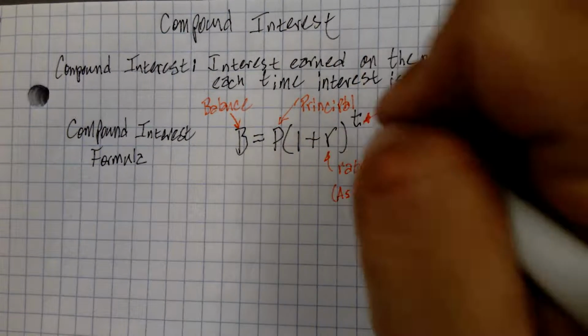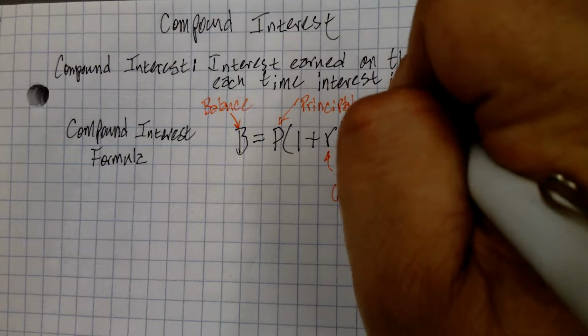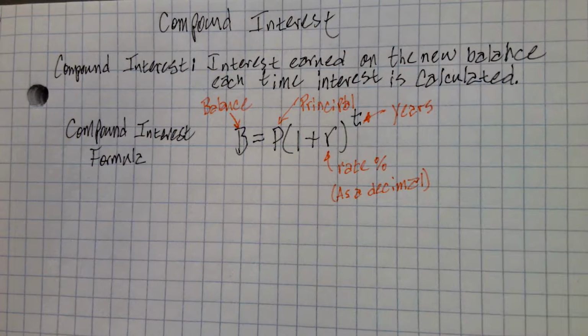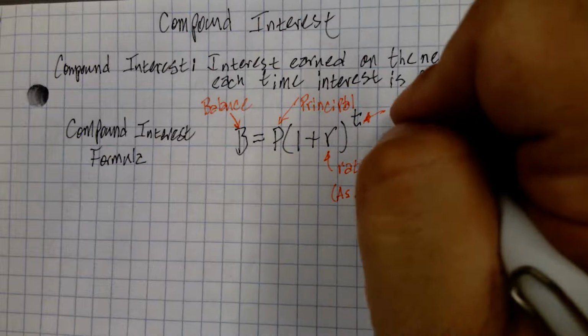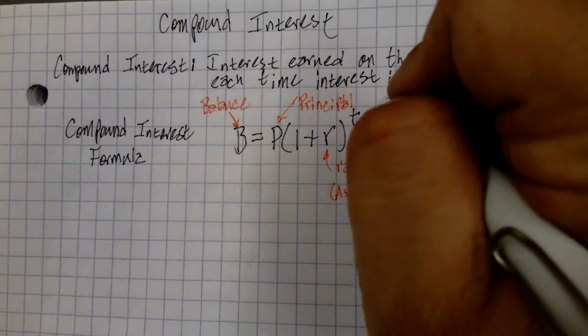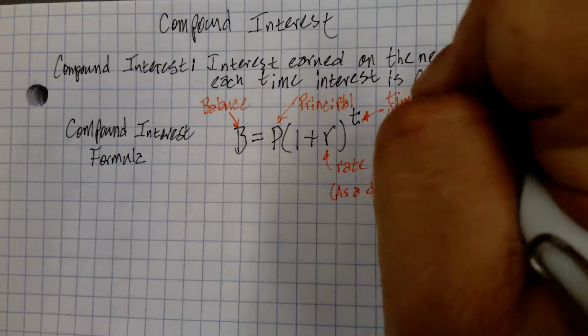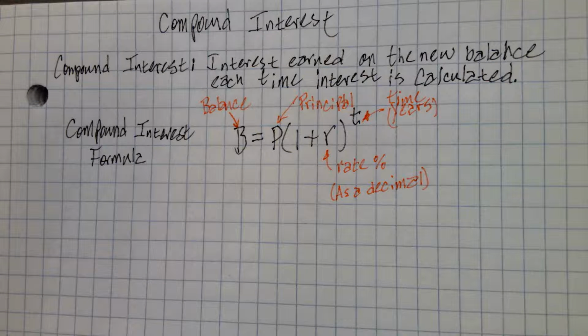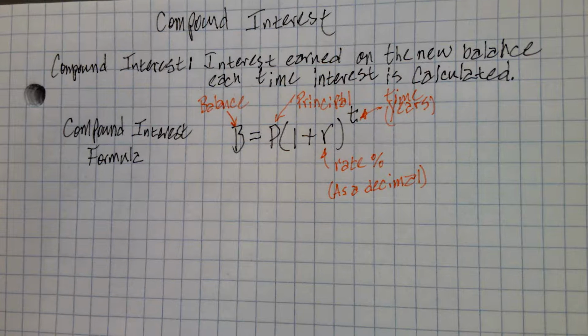And T is going to be years. It's our time in years. So that's our time written in years. Any questions?